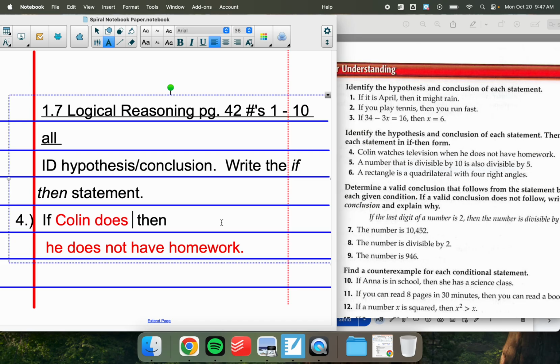So let's try it the other way. Sorry, having some typing troubles here. So if Colin does not have homework, then he watches television. I don't think he's always doing that, and why would we flip this around? So instead, let's go with the way it was.